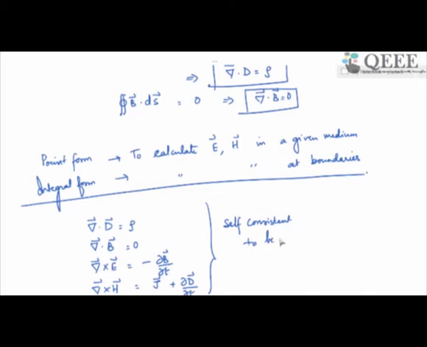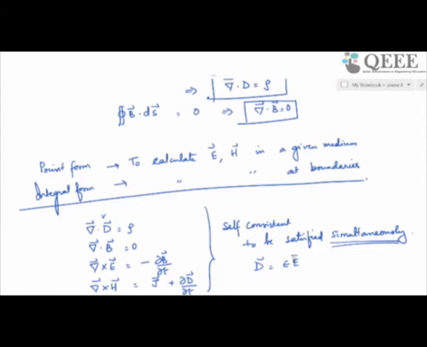They are to be satisfied simultaneously, which means that the electric field and magnetic field in a material or in free space should be such that it has to satisfy all the 4 equations. I cannot find electric field and magnetic field in a medium which does not actually satisfy one of these. All of them have to be satisfied simultaneously.